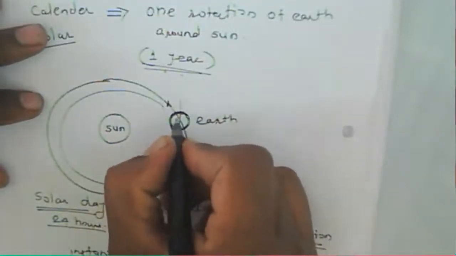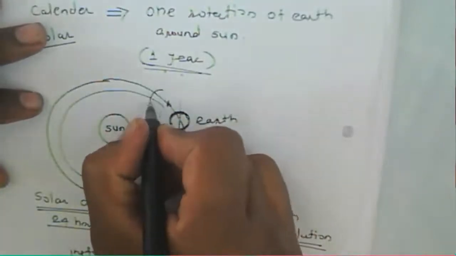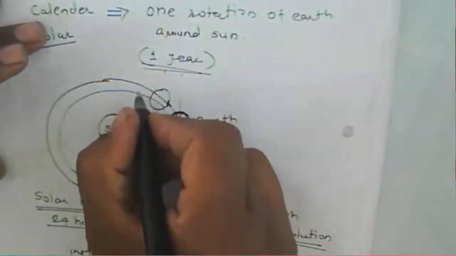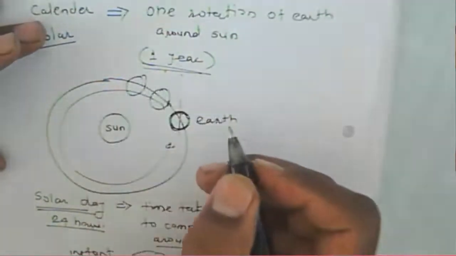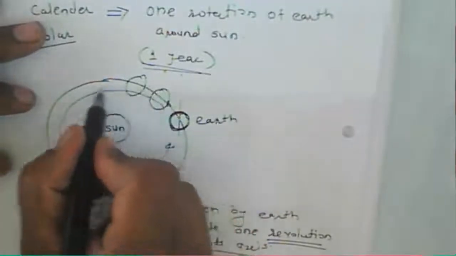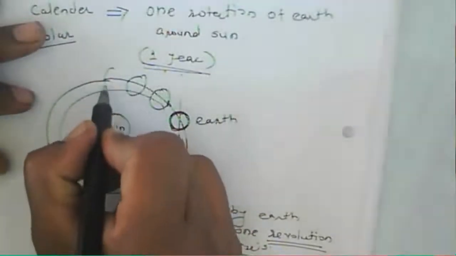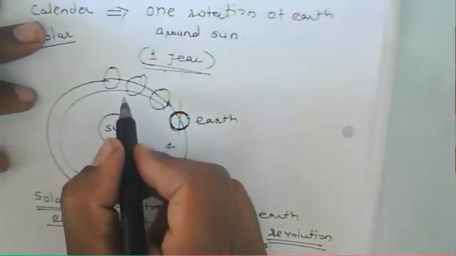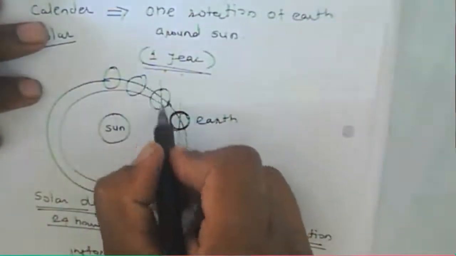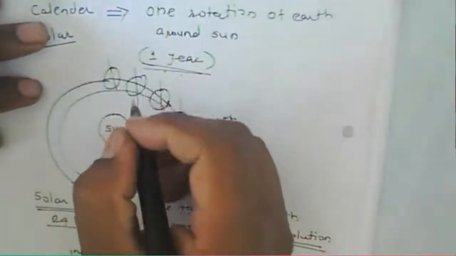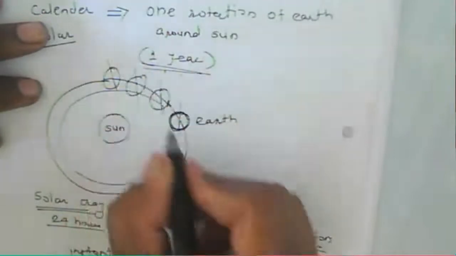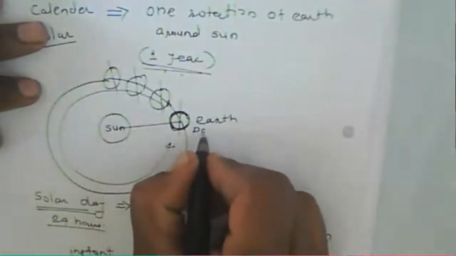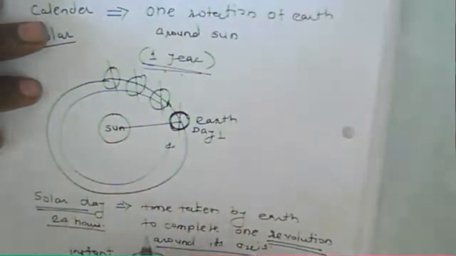Suppose from a particular day, Earth is present here. Next day, Earth will be here. Next day again, Earth will be here. So likewise, the Earth is rotating. It has some particular axis.